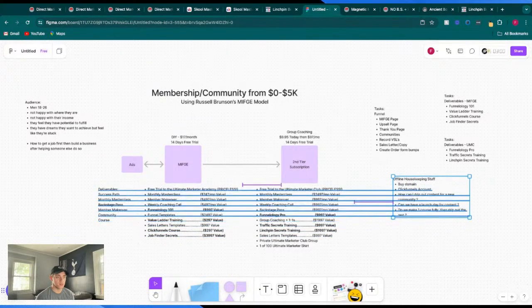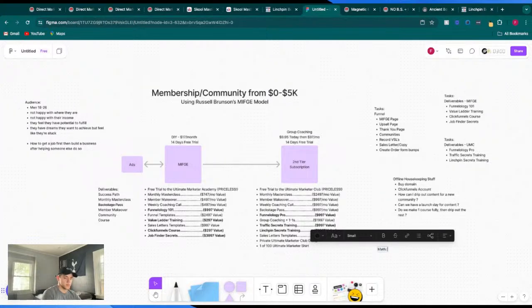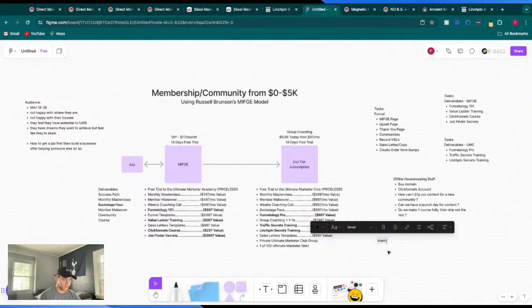All right, so now let's do some mathematics. In order to make 5,000, we need 51 members at 97 a month to get 5,000.